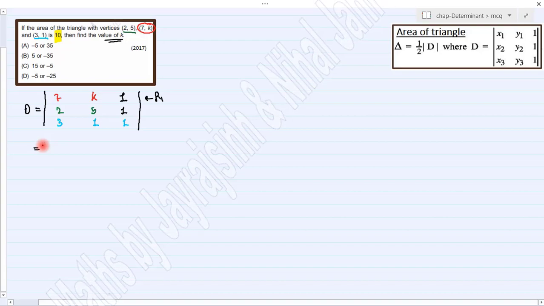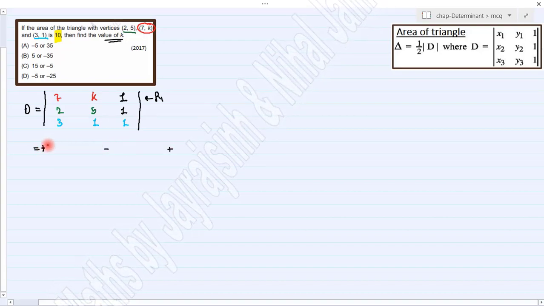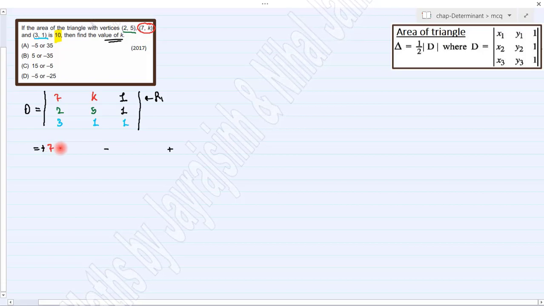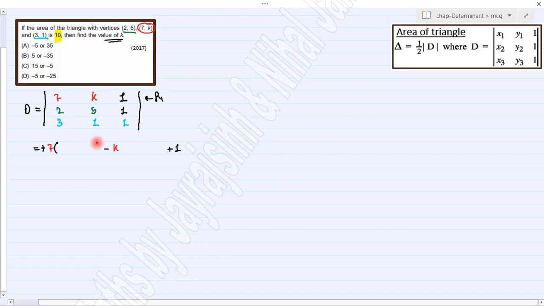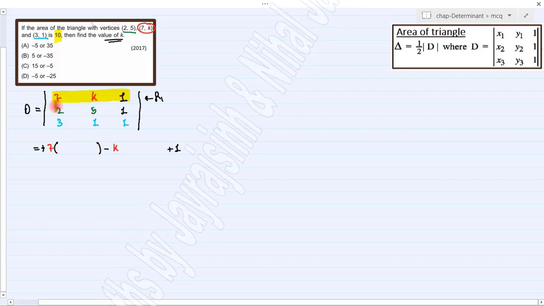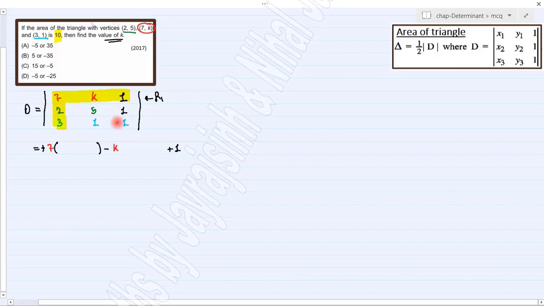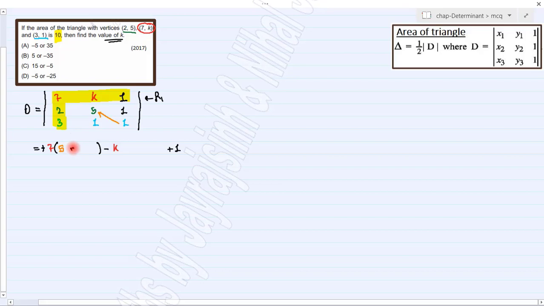So their signs will be plus, minus, and plus, and their respective elements are 7, k, and 1. Now let's find the minor of 7 by ignoring its row and its column. So let's cross multiply. 1 5s are 5 minus 1 1s are 1.